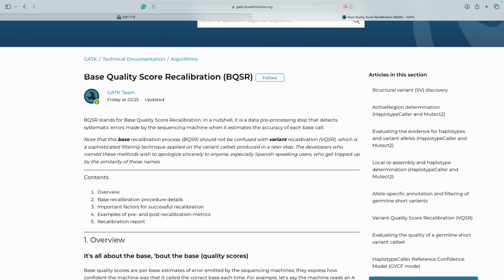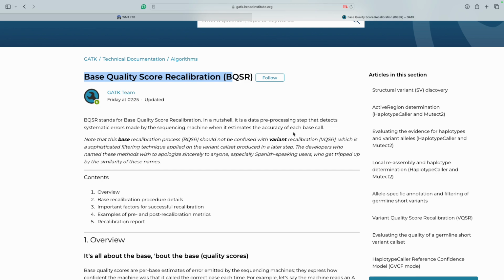We calculate the quality score because we want to make sure that the variant we are calling is the actual variant and not an artifact.